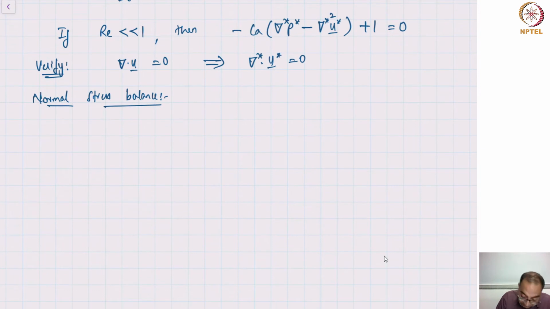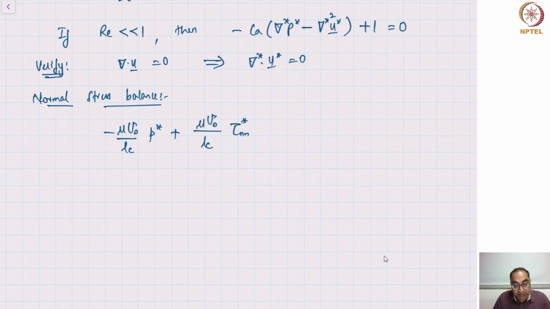The normal stress balance would be minus mu naught by LC, I'll call it as P star, plus mu u naught by LC. I've used the same non-dimensionalization for the deviatoric stress. And hat. Right?